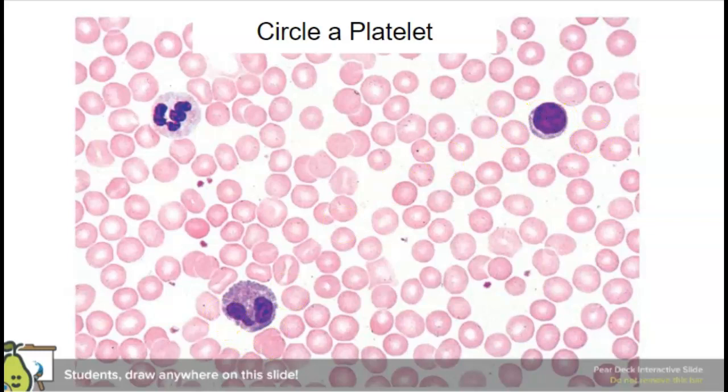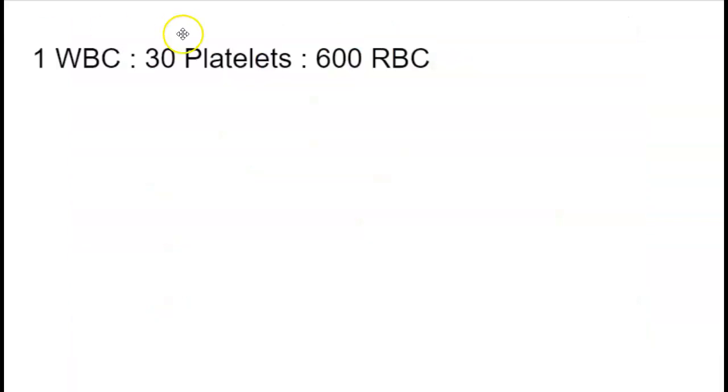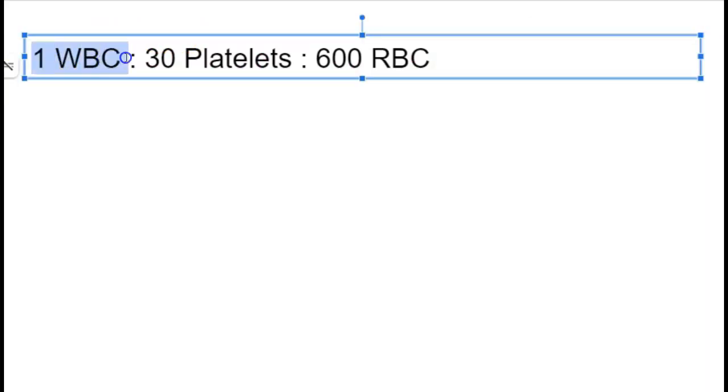The ratio we're going to use when we're calculating the amount of red blood cells, white blood cells, and platelets, I want you to write down. For every 1 white blood cell, they're the least common, we have about 30 platelets, they're middle of the road common, and 600 red blood cells.